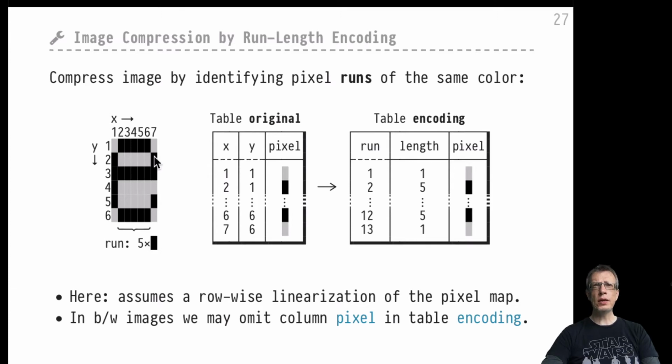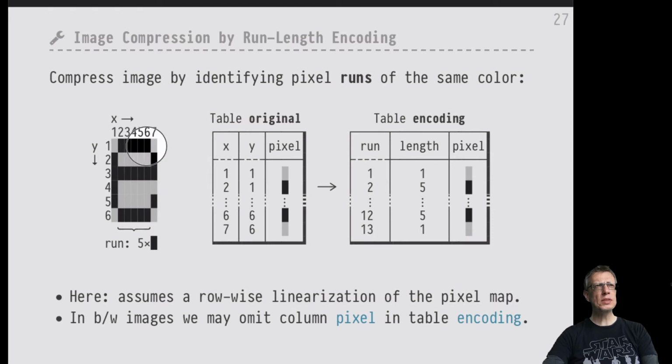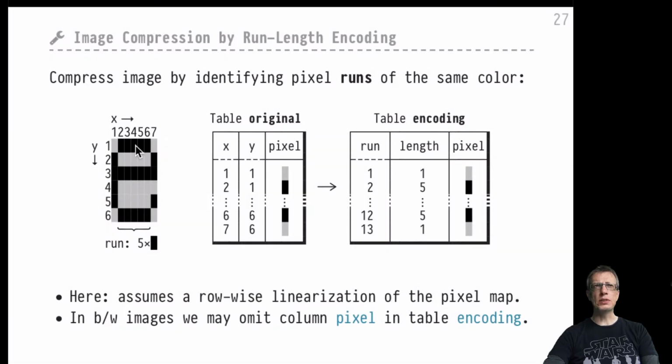We make use of this observation that there are longer streaks, longer sequences of pixels of the same color, to only store the color of such a pixel once, and instead remember how long that sequence is. To save this streak of 5 black pixels, we would simply store the fact that we are talking about black pixels for the next 5 entries in the pixel sequence.